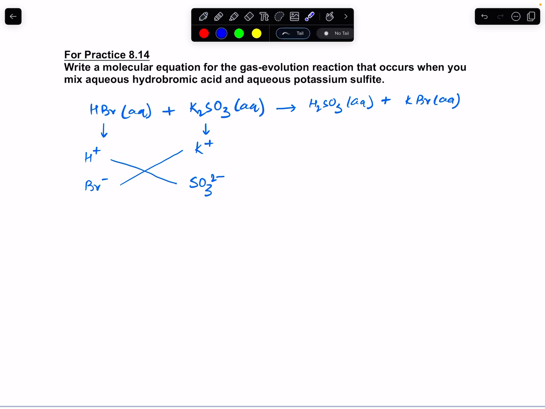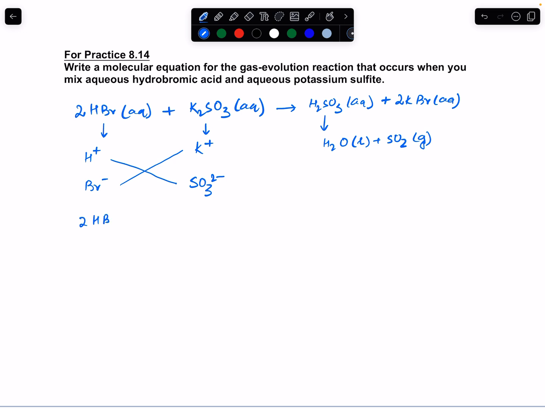But before we draw the decomposition products, let's go ahead and balance the reaction. To balance this reaction, we need to put a 2 out here and then a 2 out here. And that should balance it. Now let's decompose the H2SO3. That gives us H2O liquid plus SO2 gas. All right, now let's rewrite this entire thing properly.